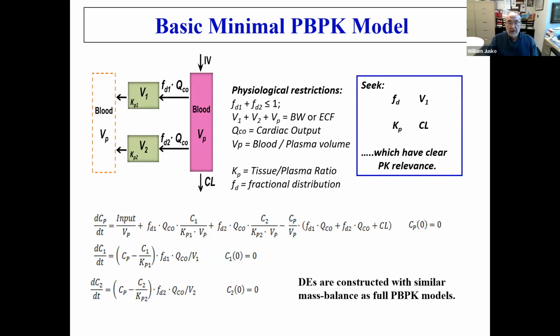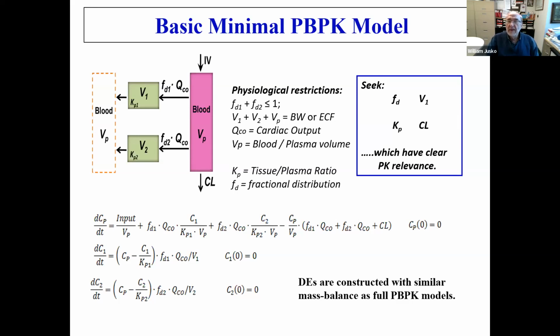We use the actual blood volumes that can be estimated for any species. And we use the model to estimate KP values, tissue plasma ratios, and FD values, fractional distribution, into the 2 types of tissue compartments. So we seek 4 parameters from operating these models. They're listed at the top right.